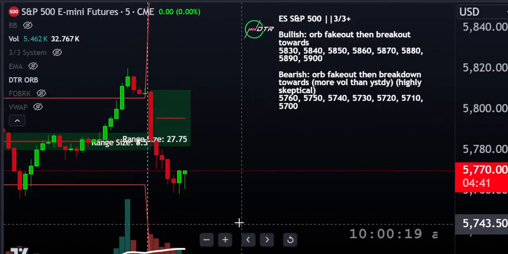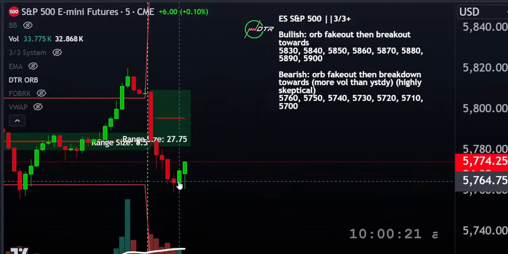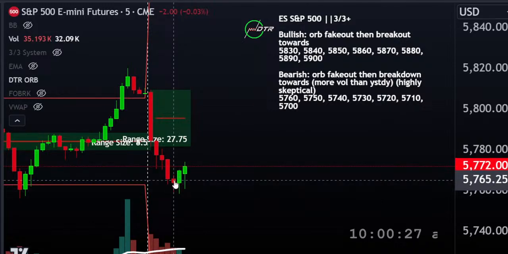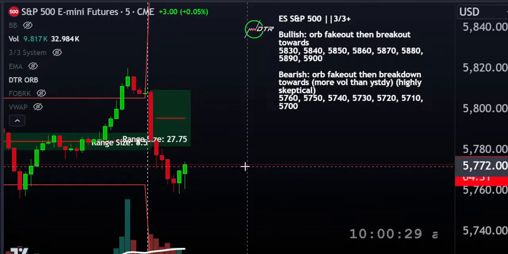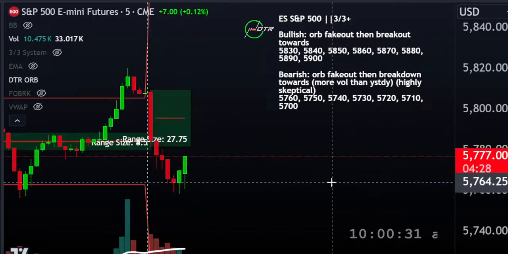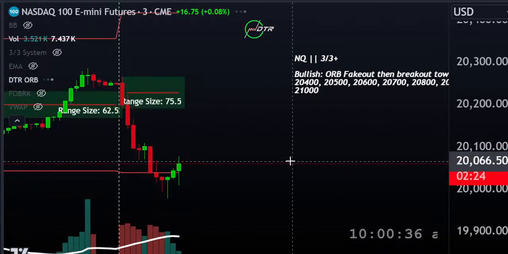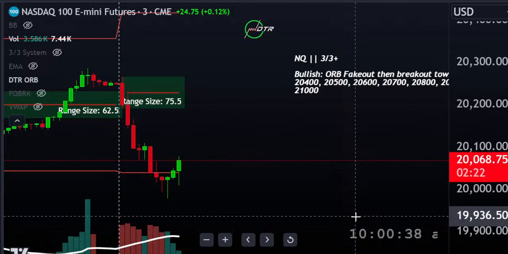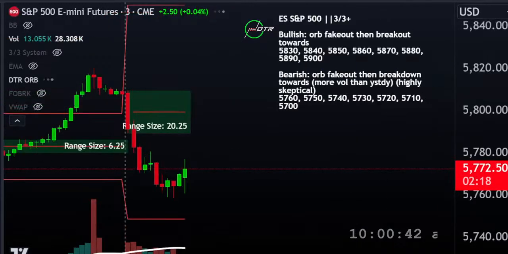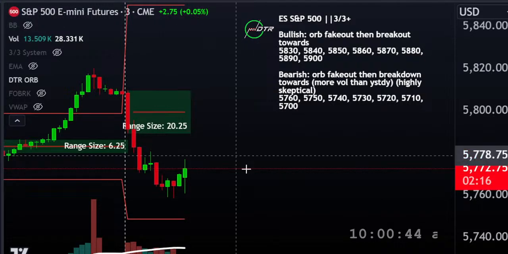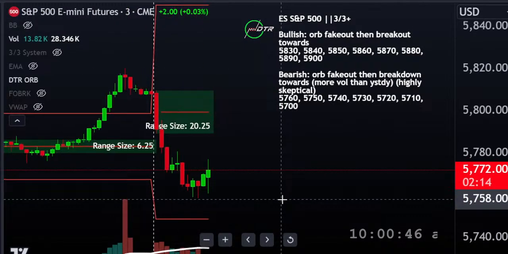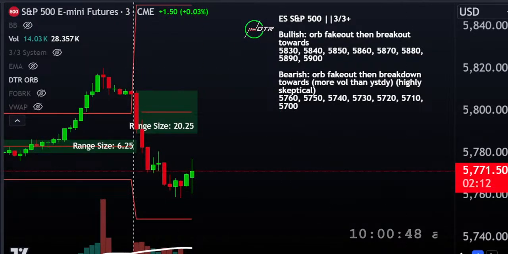So no reversal set up here yet. We don't have an increasing volume standard away from these lows. And even now, we're still getting more volume than we saw at yesterday's open. So we should get an increasing volume standard here on NQ. We'll wait this thing out for another 2 minutes. Same thing with ES, we should get an increasing volume standard post data.